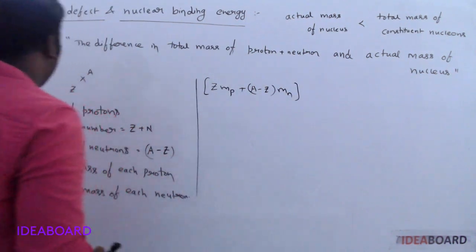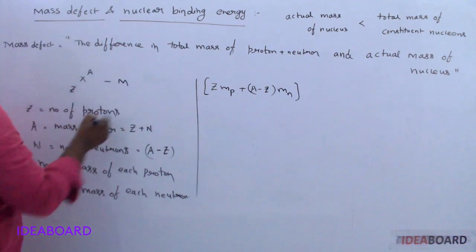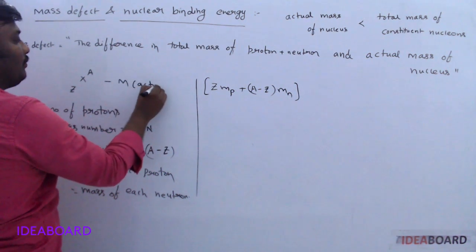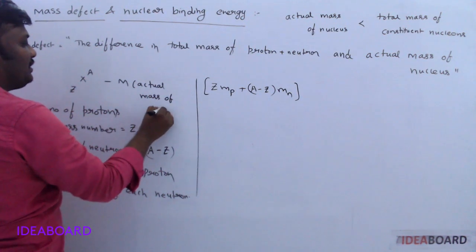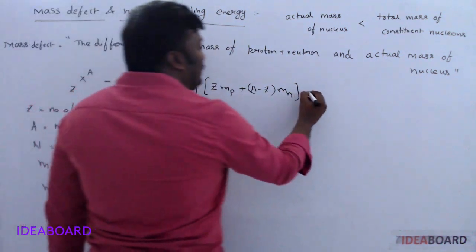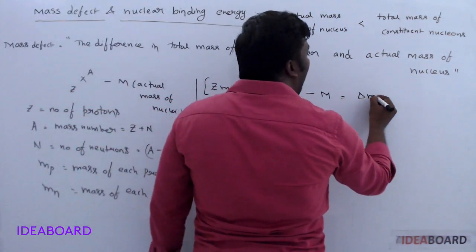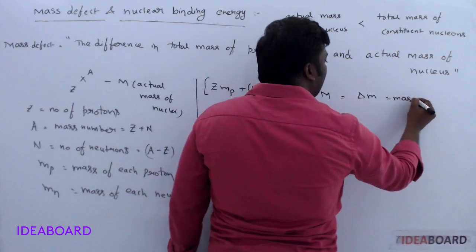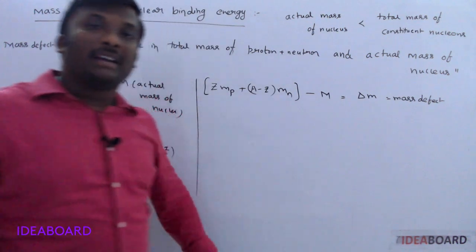Now, X has a certain actual mass, that is called m. What is m? The actual mass of the stable nucleus. So subtract m, then we get the mass defect. So what is the formula for mass defect?